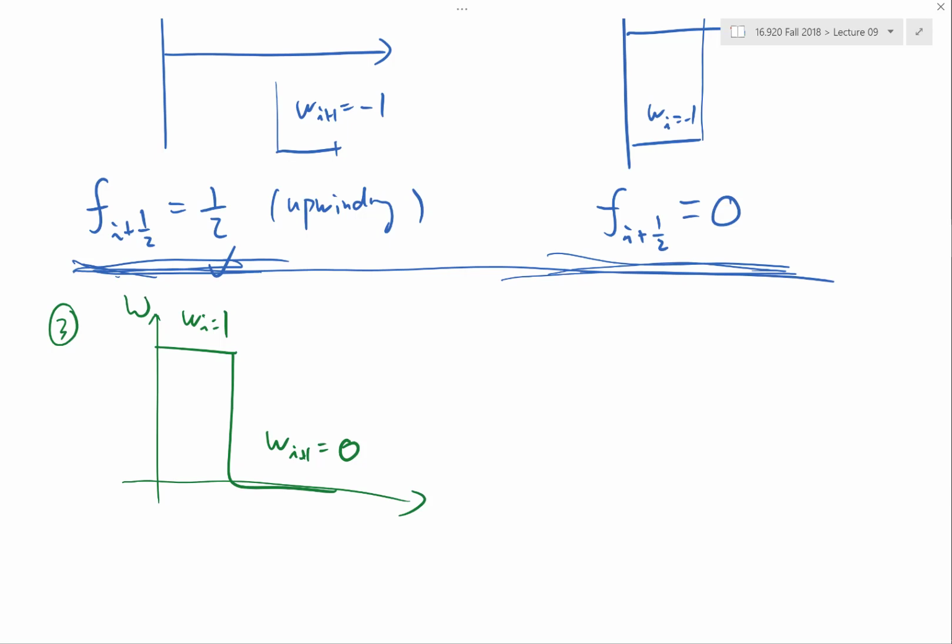1/2? Why? 1/2 is correct. Why? The discontinuity is still there, but it's not going to be there at the same location.